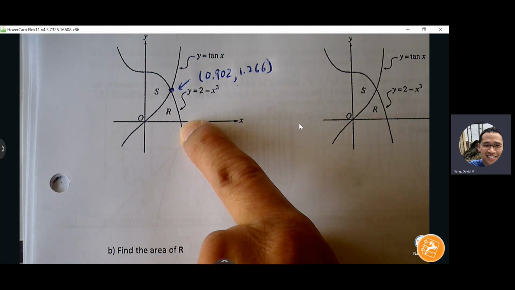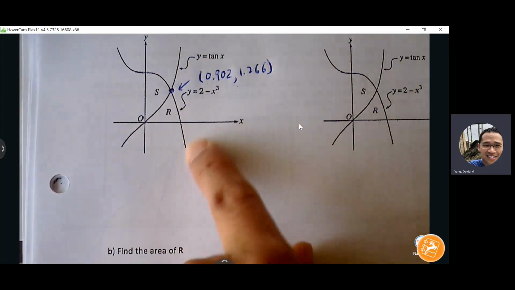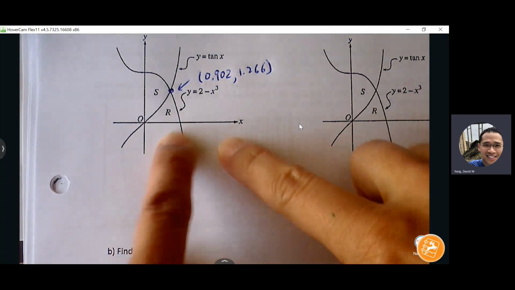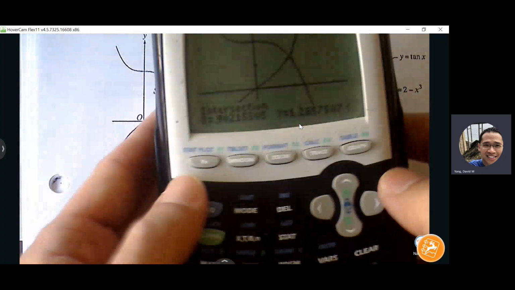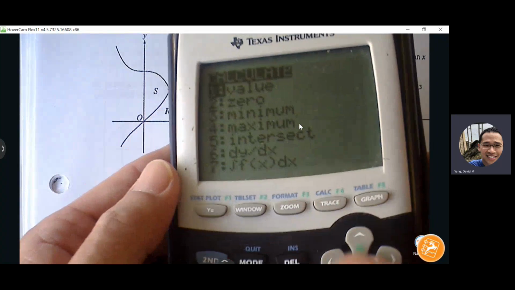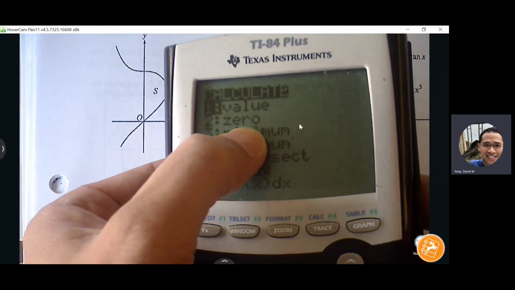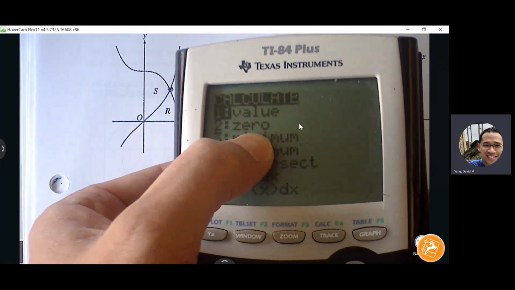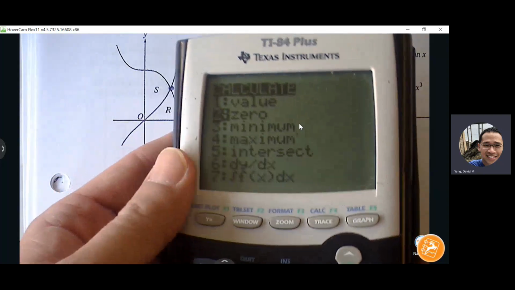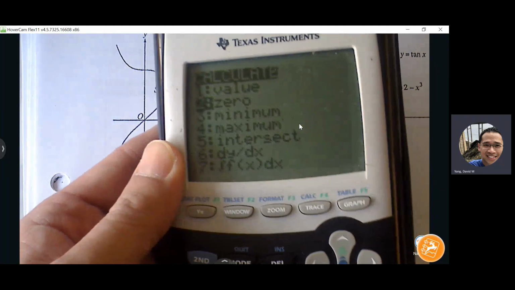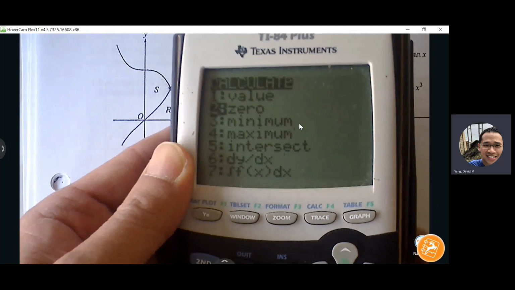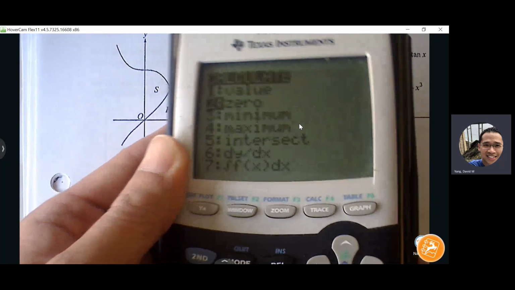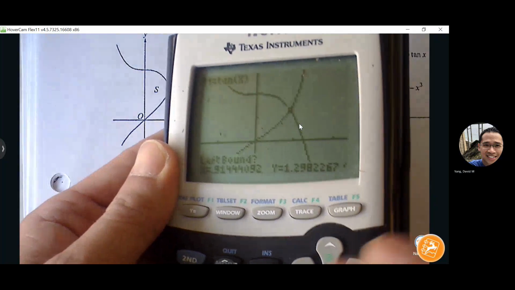Another boundary that we see is where the graph of 2 minus x cubed intersects the x-axis. So if we want to find that intersection there, we're going to go to second trace. And now we're going to look for a 0 because it's where the graph hits the x-axis. So now we don't want to do an intersect. Intersect is if you're looking for intersection between two curves, but here we just want to look for an x-intercept. So hit second trace 0.